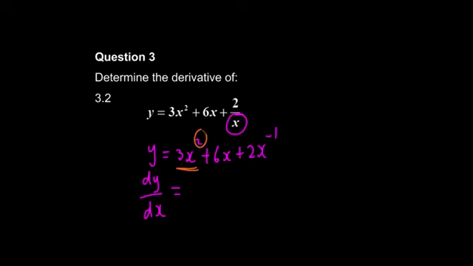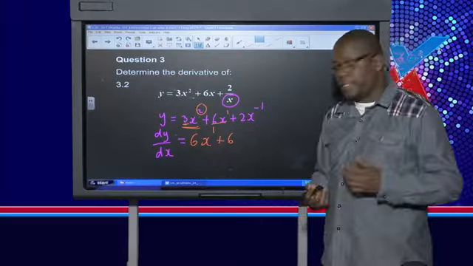I'll have that exponent times the coefficient, first thing, 6, x to the exponent 2 minus 1, we get 1. And then we move on to the next one. Your 6x, you've got a 1 as your exponent. So 1 times 6, you get plus 6, x to the exponent 1 minus 1, which is 0. And anything raised to exponent naught is 1. 1 times 6, you get a 6.